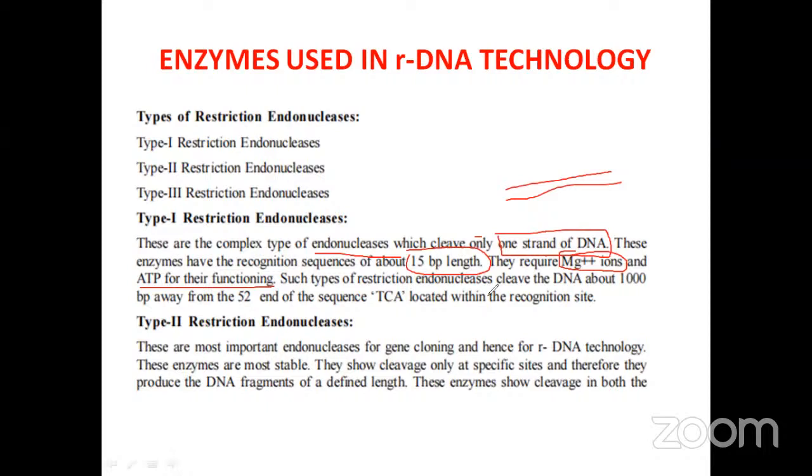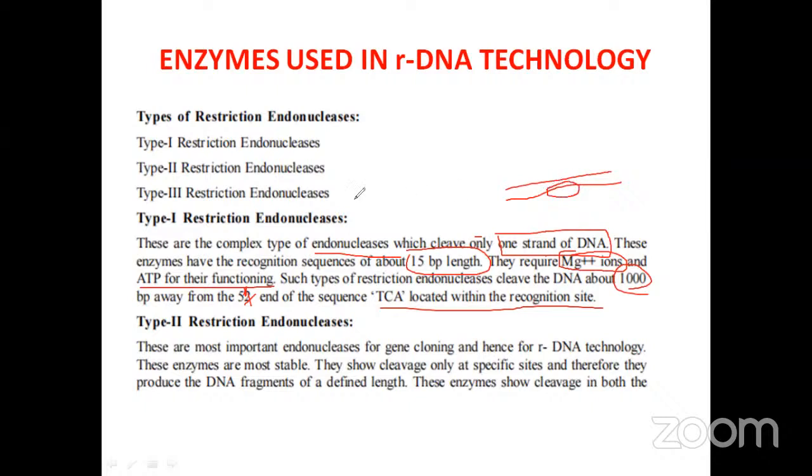Such type of restriction endonuclease cleaves the DNA about 1000 base pair away from the 5 end, with the 5 end of the TCA located within the recognition site. So here the recognition site is the 15 base pair. For example, this is the recognition site.